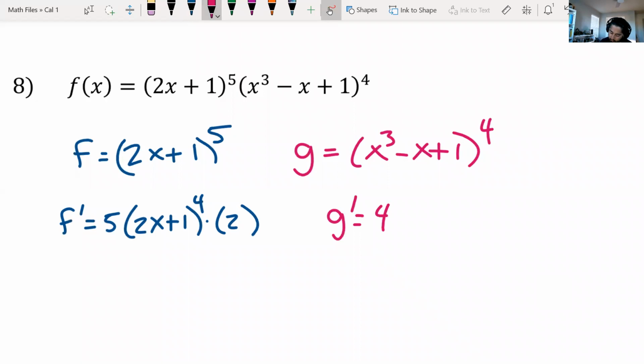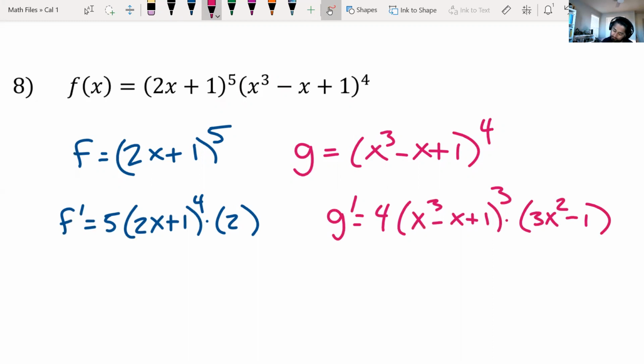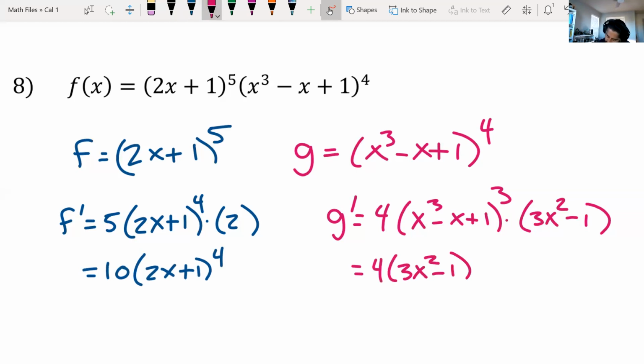G prime: 4 times x cubed minus x plus 1 to the 3rd times 3x squared minus 1. Okay, clean this up. 10 times 2x plus 1 to the 4th, and 4 times 3x squared minus 1 times x cubed minus x plus 1 to the third. Do not distribute that 4.